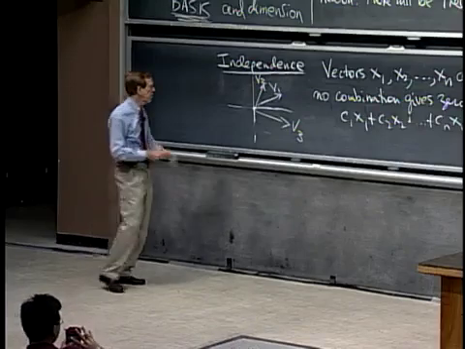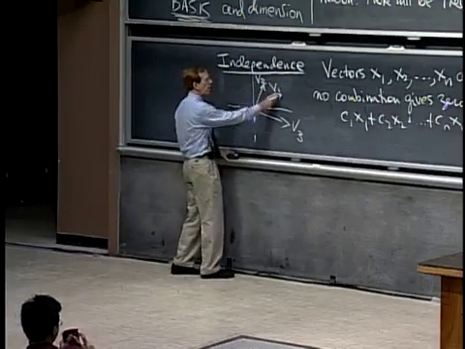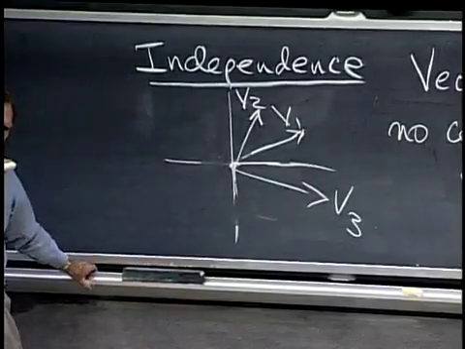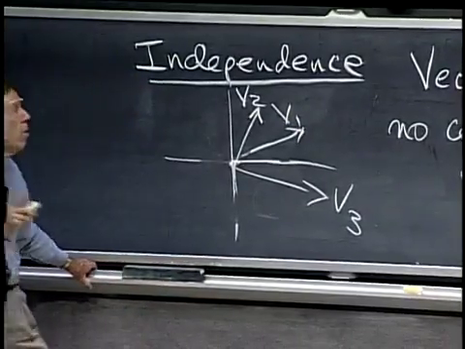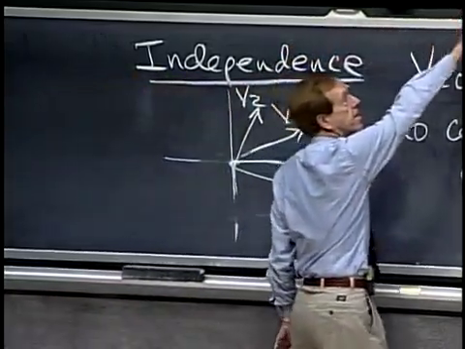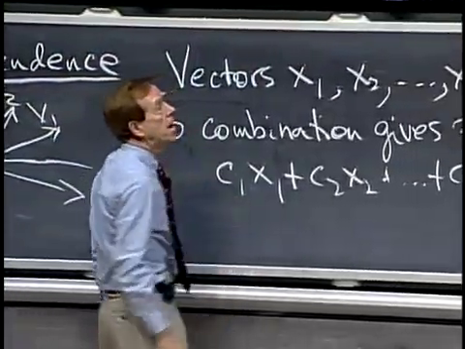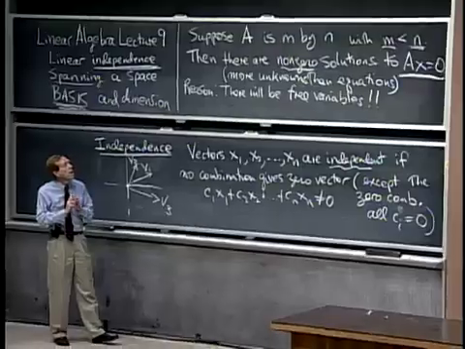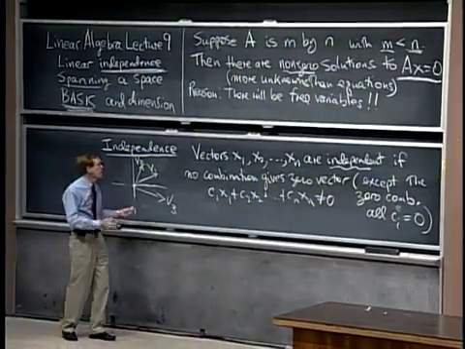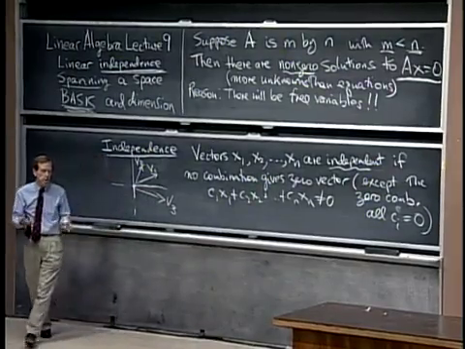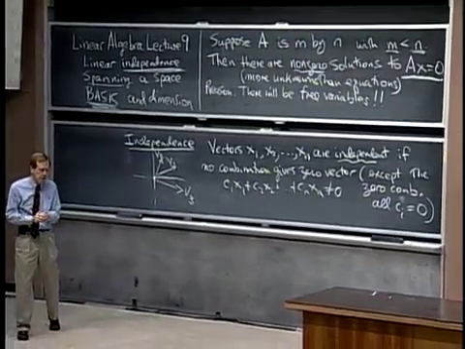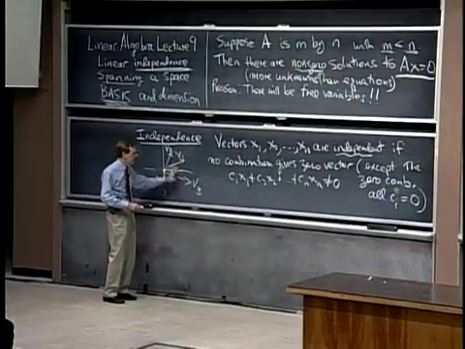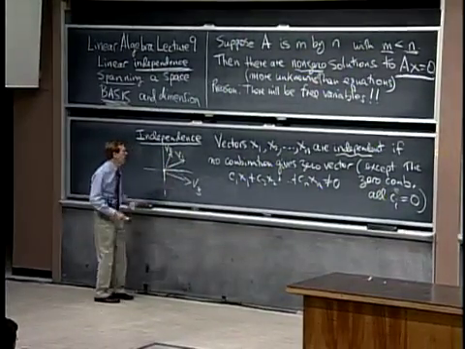How do I know that some combination of v1, v2, and v3 gives me the 0 vector? I know because of that. That's the key fact that tells me that three vectors in the plane have to be dependent.